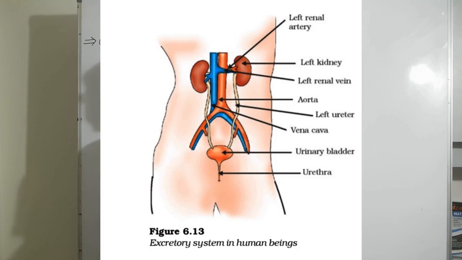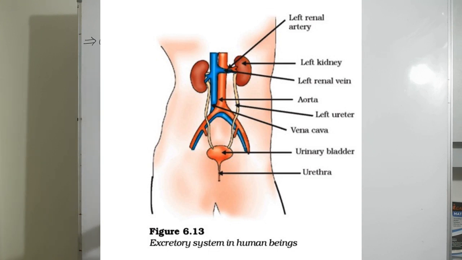Now we start 6.5.1 excretion in human beings. On your screen, the diagram of the human excretory system, that is figure 6.13. In this diagram, starting from the top: left renal artery, left kidney, left renal vein, aorta, left ureter, vena cava, urinary bladder and urethra.